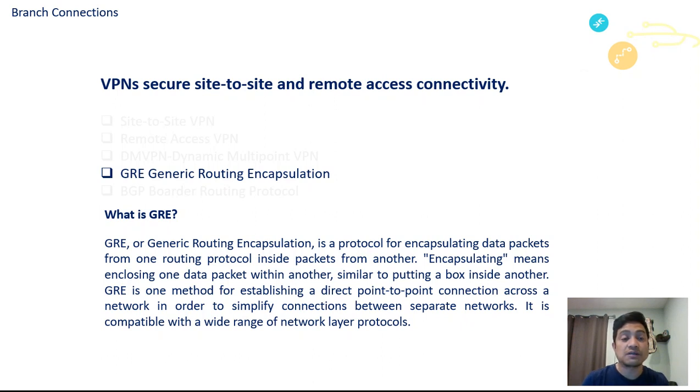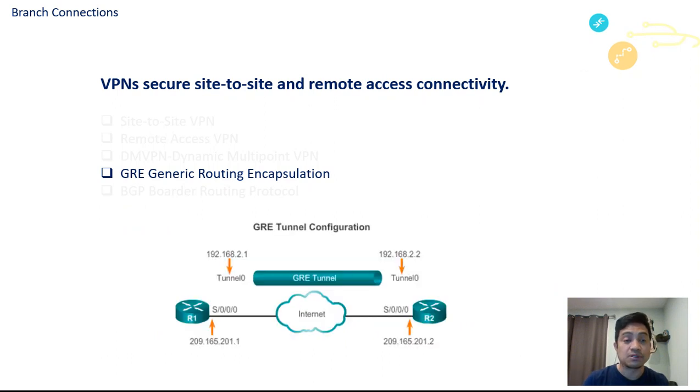Encapsulating means enclosing one data packet within another, similar to putting a box inside another. GRE is one method of establishing a direct point-to-point connection across a network in order to simplify connection between separate networks. It is compatible with a wide range of network layer protocols.